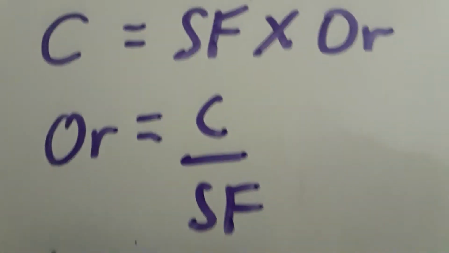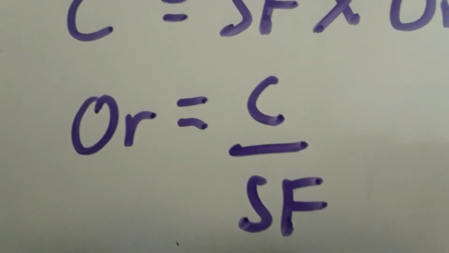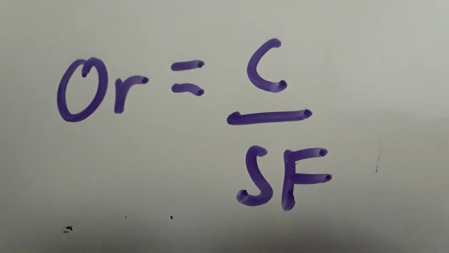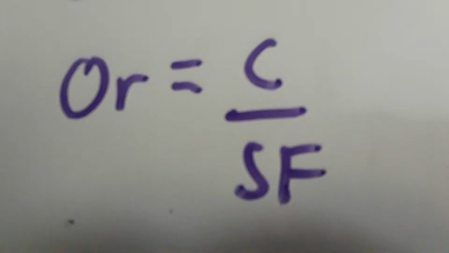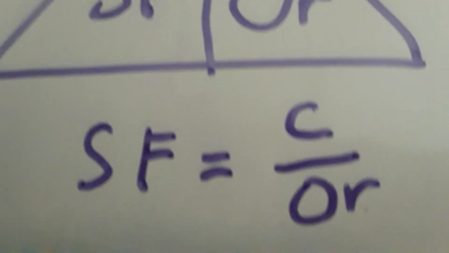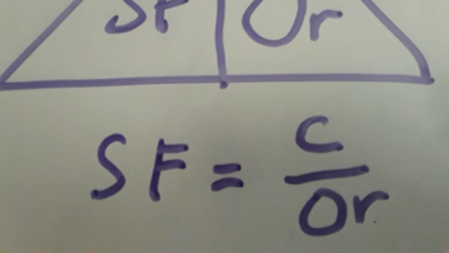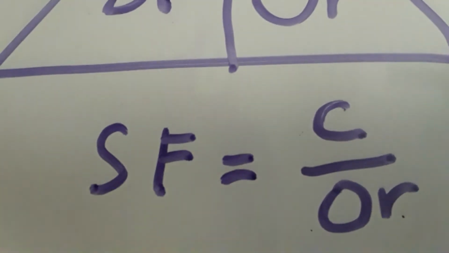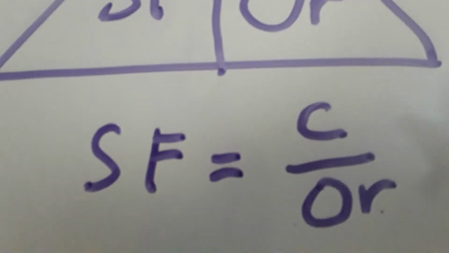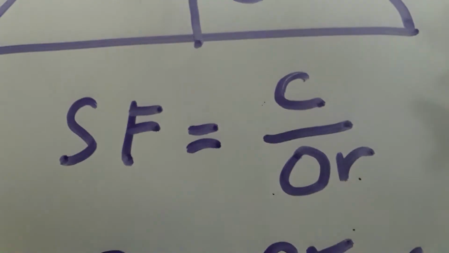Now, I personally understand why people like to use little devices like this, and if it works for you, like if you can understand it, when you're filling out one of these charts, go for it. I personally like to use just logic. So, for example, in an earlier video, I showed you that there are times where you need to multiply by the scale factor, and other times you need to divide by the scale factor, and it all has to do with whether or not you want a larger or smaller number.